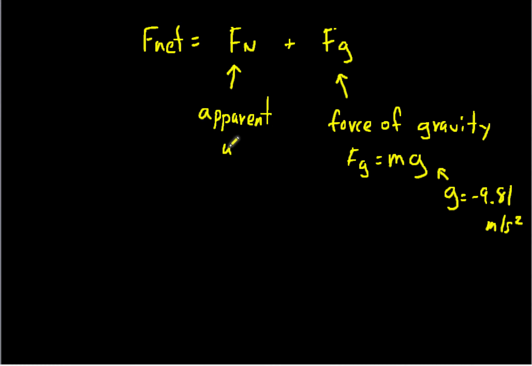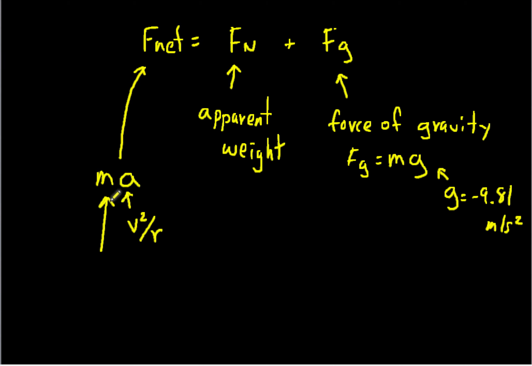It's the weight that it thinks it has, instead of the weight that it experiences as the force of gravity. And Fnet is mass times acceleration, but in this case, the acceleration is the centripetal acceleration, or v squared over r. So Fnet is mv squared over r, the centripetal force.